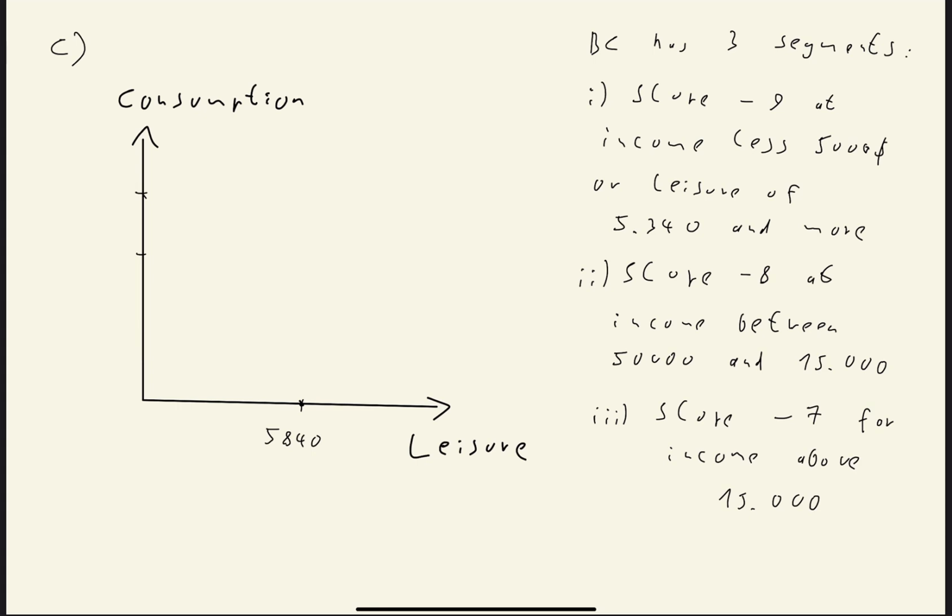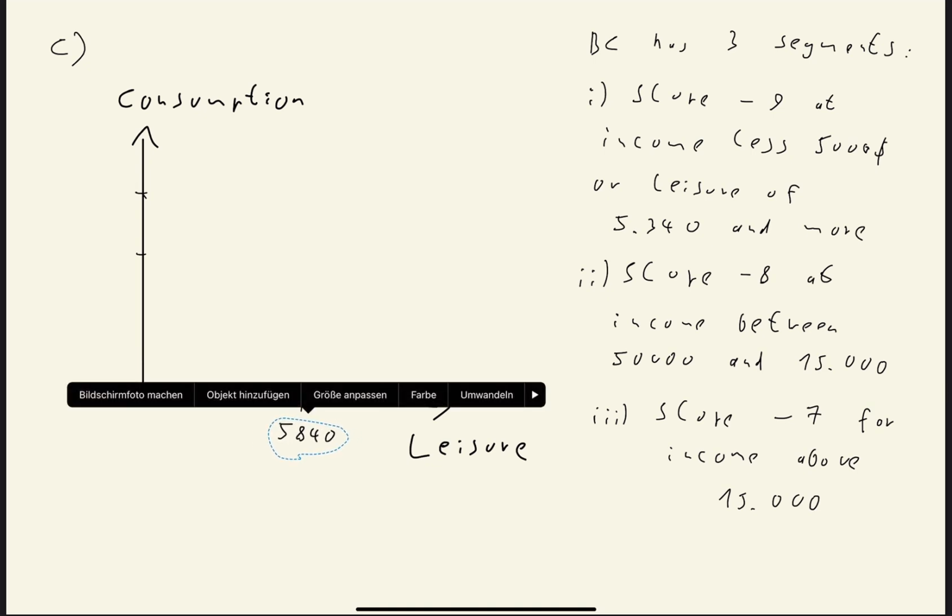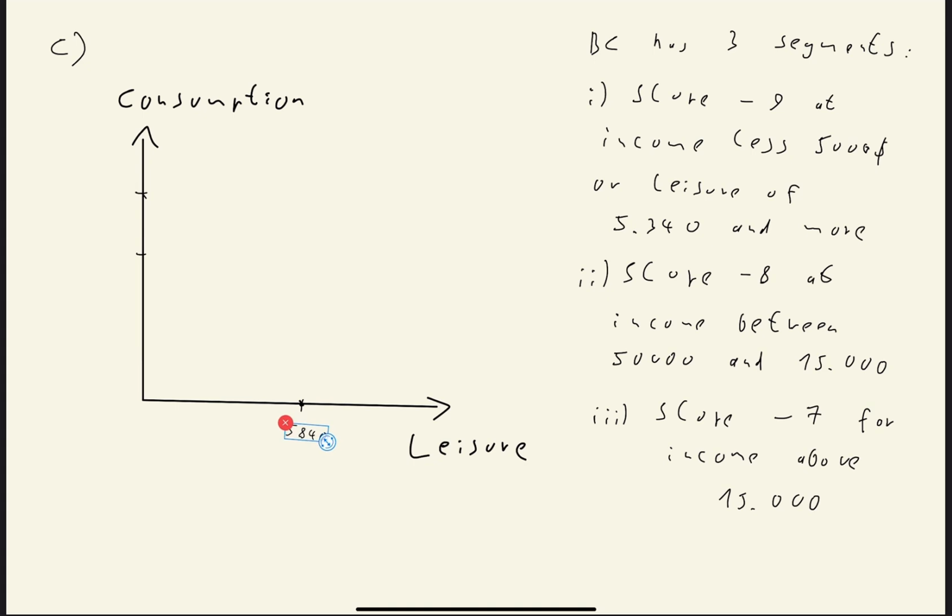So there will be two more interesting points. Let me just make this a little bit smaller. Yeah, that's fine. Next there will be a point which is then 5,340, and this is the amount of leisure. If we from this point further decrease leisure, we end up in the next tax bracket.